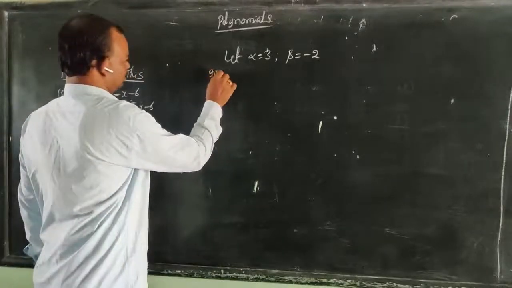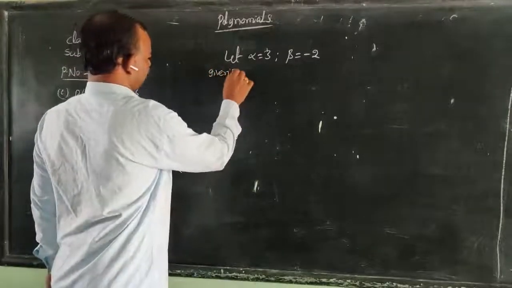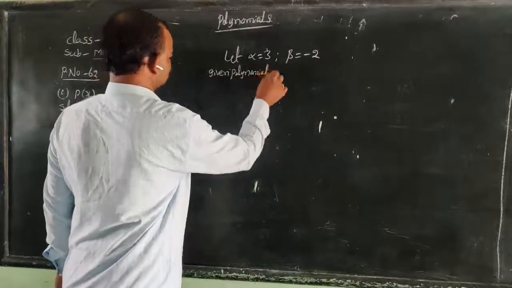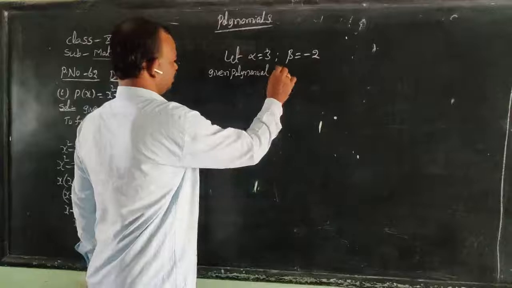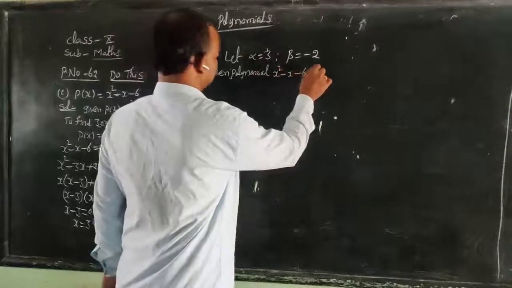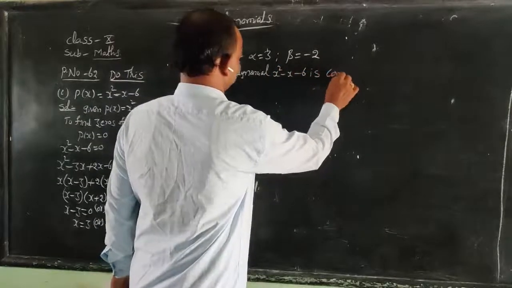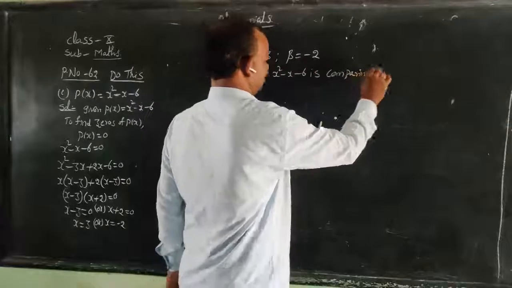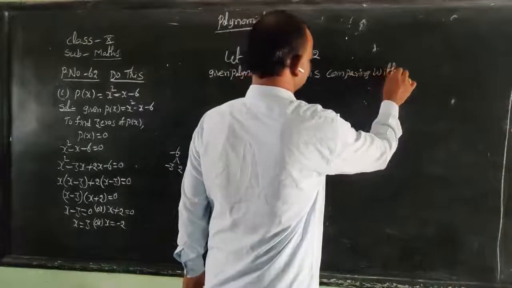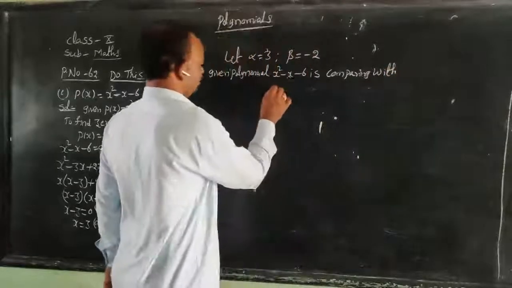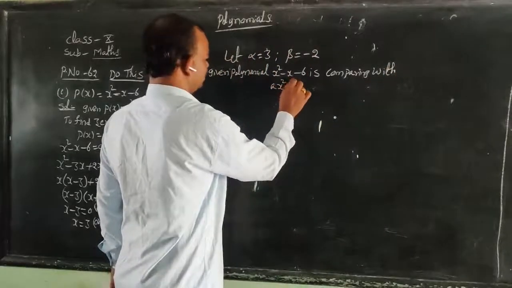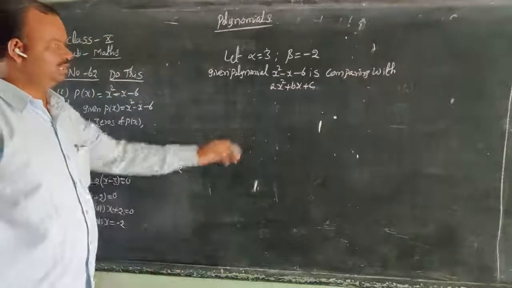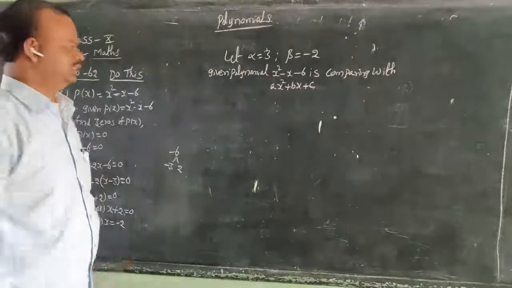The polynomial x square minus x minus 6 is compared with ax square plus bx plus c.